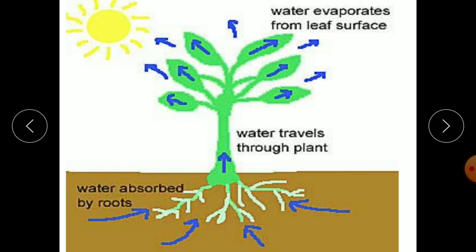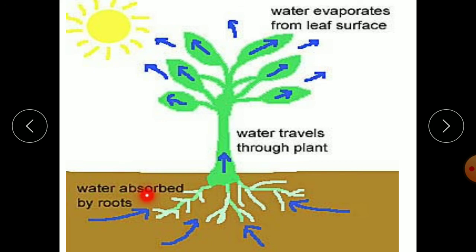Okay, so always remember these two things. One is how water and minerals enter the roots by root pressure. How is root pressure created?